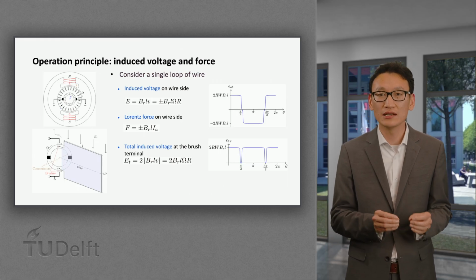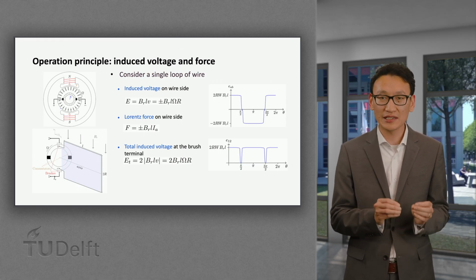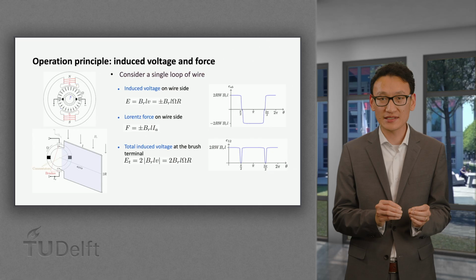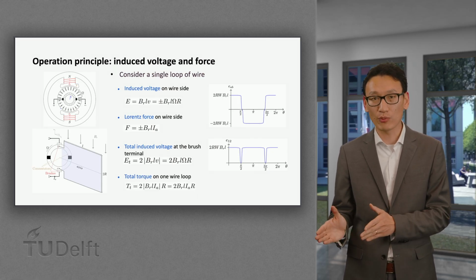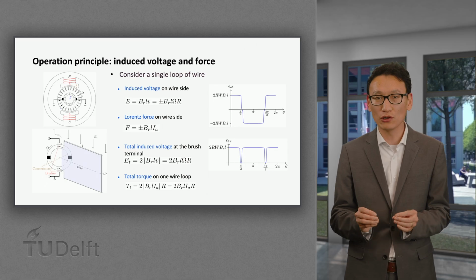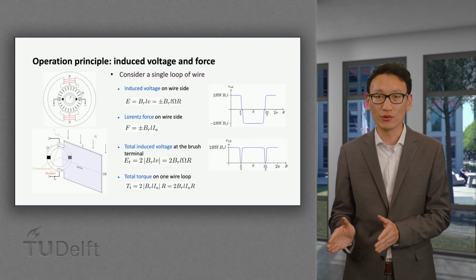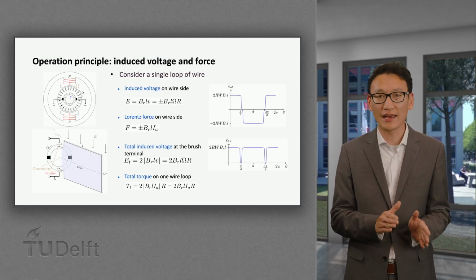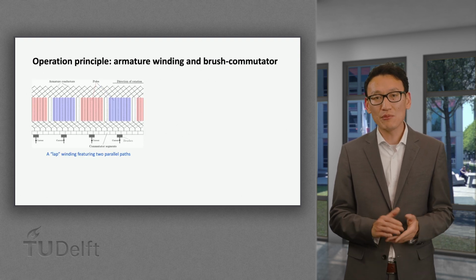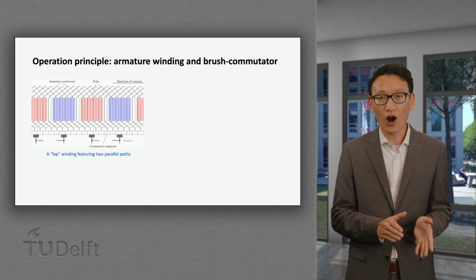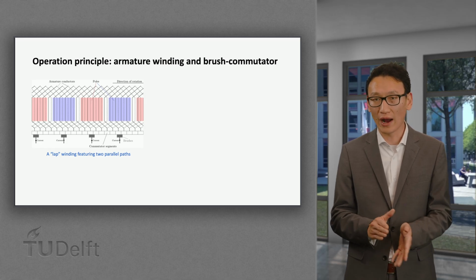This is because the wire terminal connected to the brush alternates as the rotor rotates. Based on the same principle, the torque applied on the wire loop will also be unidirectional, since the force on both sides is opposite to each other. In practice, the armature winding of the DC motor always has more than one wire loop.